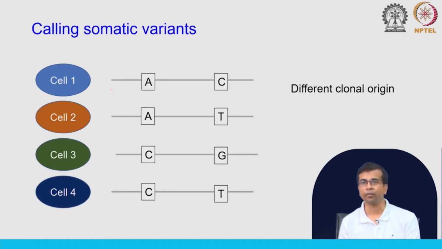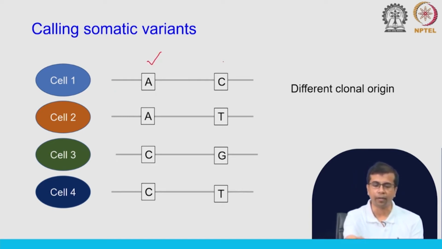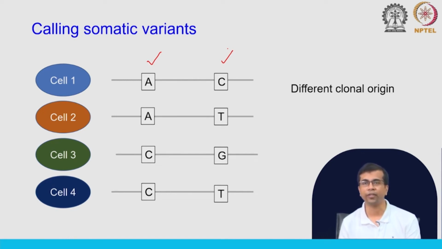If you consider these 4 cells, and these 4 cells have different variants at certain positions, these variants will be called somatic variants. We are giving examples of 2 positions here. In one position, cell 1 and cell 2 have an A, which is a change compared to the reference sequence, and cell 3 and cell 4 show a C base.